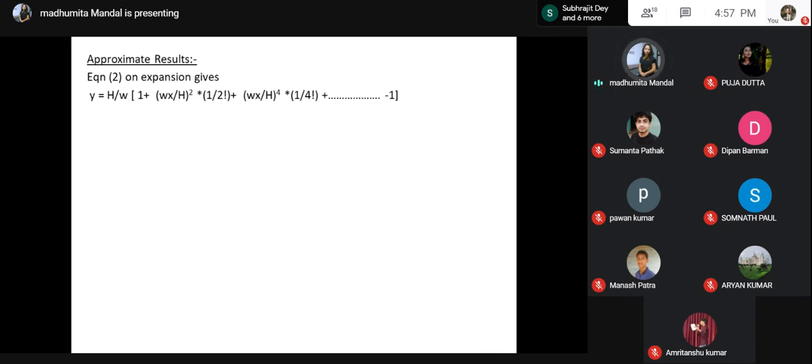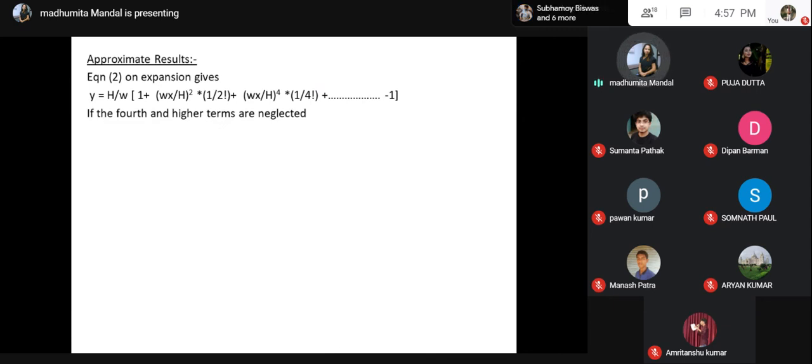In this equation, if we expand this cosh function, it can be replaced as 1 plus (wx/h) squared into 1 by factorial 2 plus (wx/h) to the power 4 into 1 by factorial 4 and so on. And this minus 1 was already included in the equation.